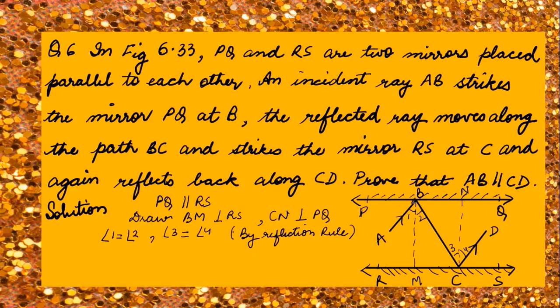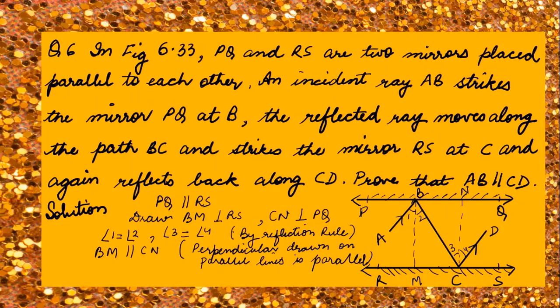Now here it is given these two are parallel. You know BM is parallel to CN. Why? Because perpendiculars drawn on parallel lines are parallel.